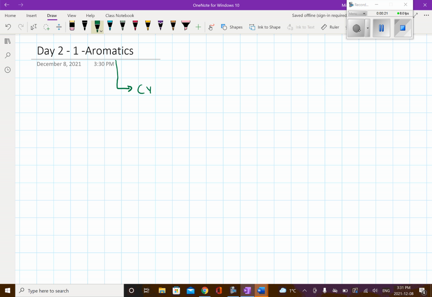They have a cyclic structure within their structure, and they are unsaturated. Remember what we said about the unsaturated ones? When they are unsaturated, that means that they have at least one double or triple bond. So the most simple aromatic is benzene.